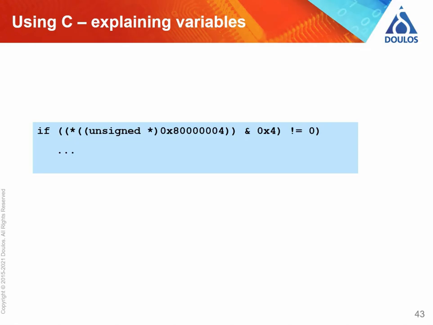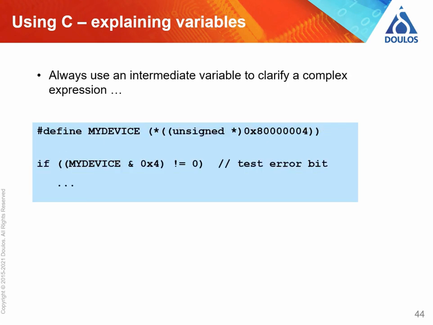Okay, so if we've got a block of code here where we have a memory location, we're dereferencing a pointer to get the contents of that memory location, we're then doing some bitwise AND operation, and then doing a comparison. Okay, so that might work, but a better approach might be to actually define a constant to represent that address.